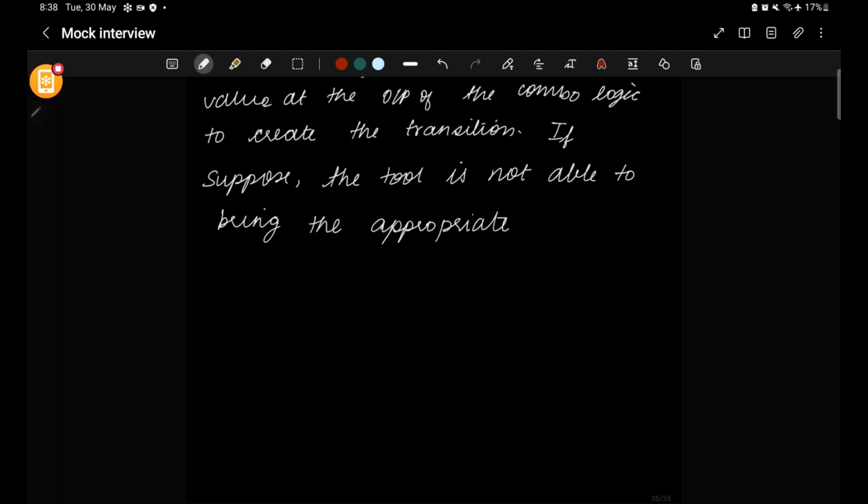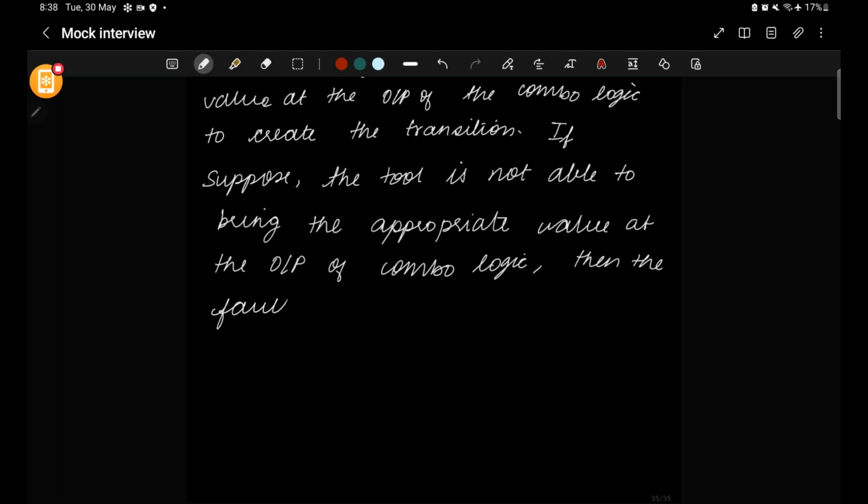Suppose it is a big combo logic, and the tool is not able to bring the appropriate value at the output of the combo logic, then the faults that require this value will not get detected.